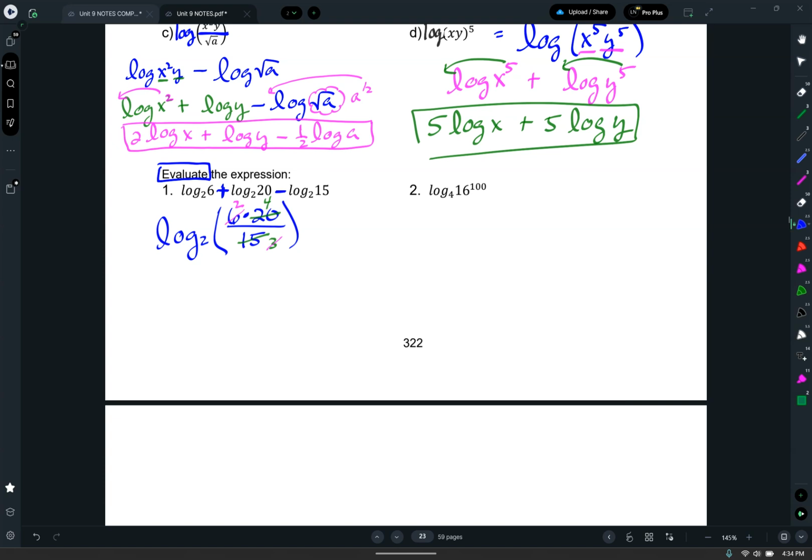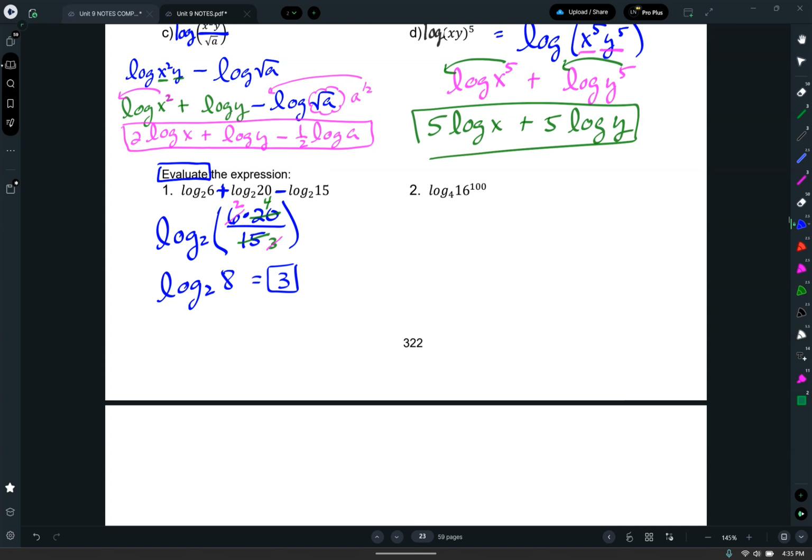So what I actually have here is log base 2 of, nothing's left on the bottom, and on top I just have 8. I guess I don't really need that parenthesis. So all of that simplified down to be log base 2 of 8. All right, can I evaluate that? Yeah, I can. What exponent goes on 2? Didn't we just say that would be 3? So all of that simplified down to be just 3.